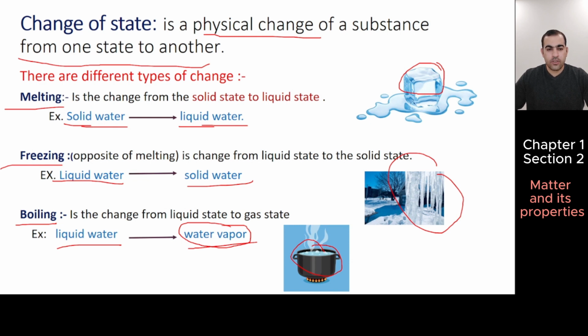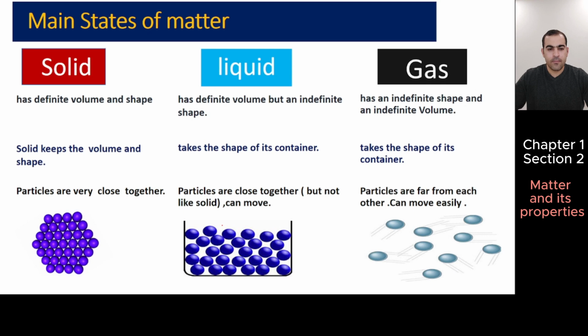And all changes of state are physical changes, nothing new forms, you just change the state. Okay, main states of matter. There are 4 states of matter: solid, liquid, gas, and plasma. 3 of them are very common, and they are called the main states of matter: solid, liquid, gas.